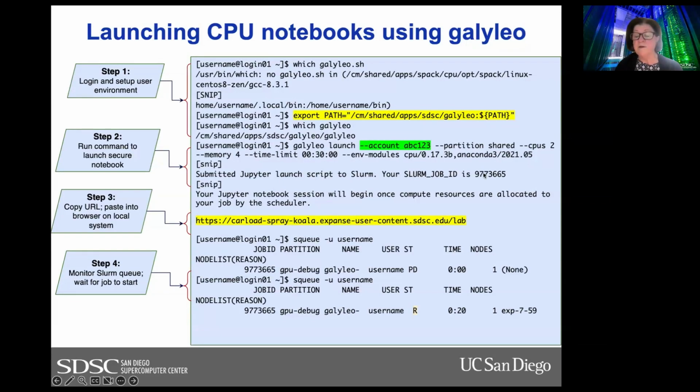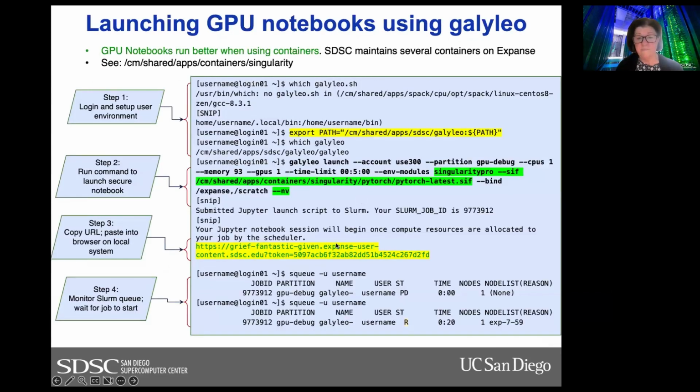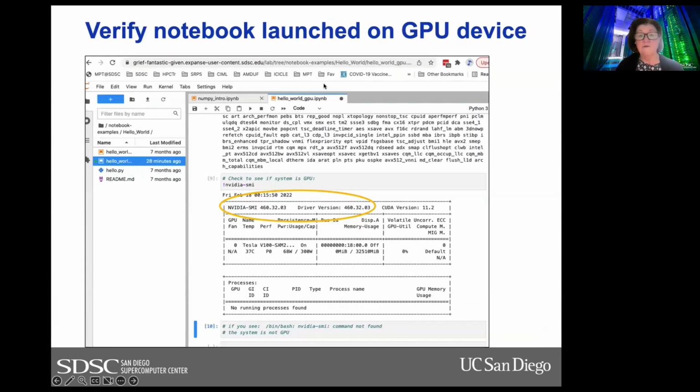Here's your Slurm job ID. You can monitor that by running the SQ command. And you get an HTTPS URL. That's what you cut and paste into the web browser. And you'll get your status on that. And then eventually your notebook is launched on a GPU or CPU device.